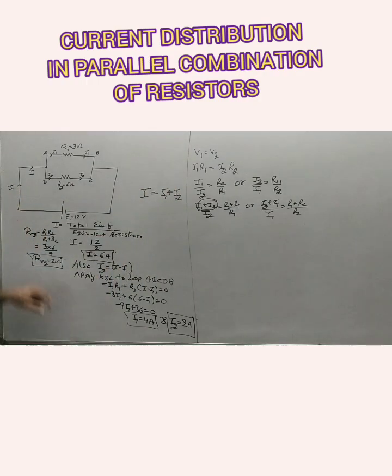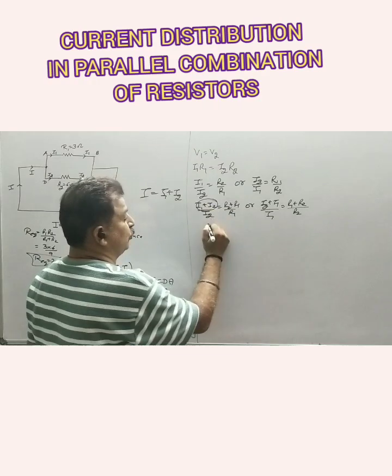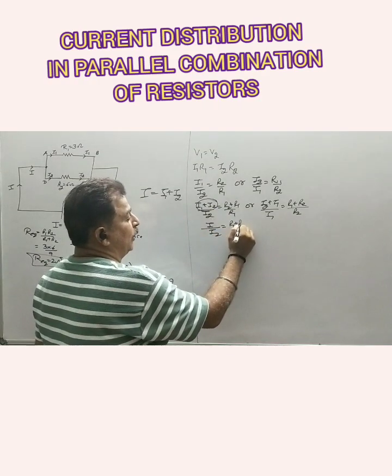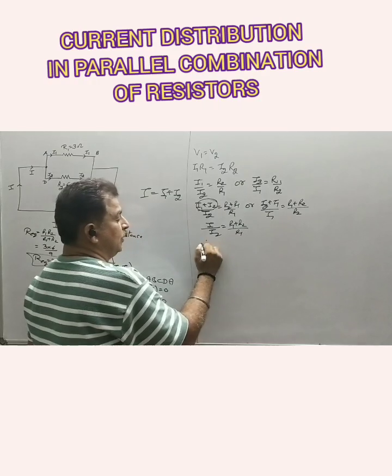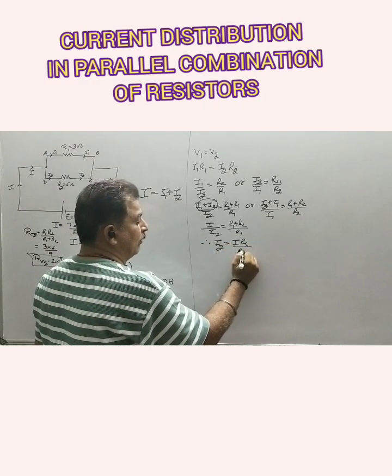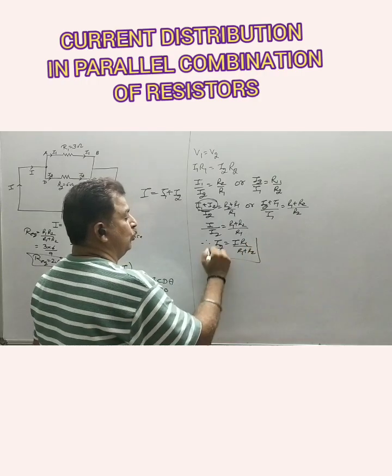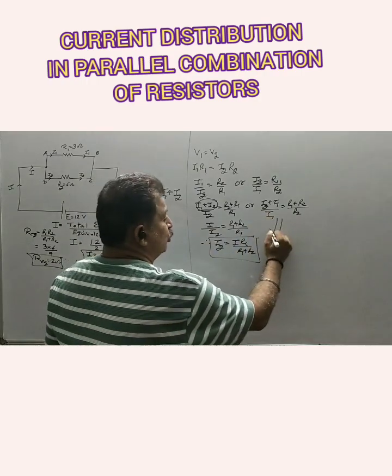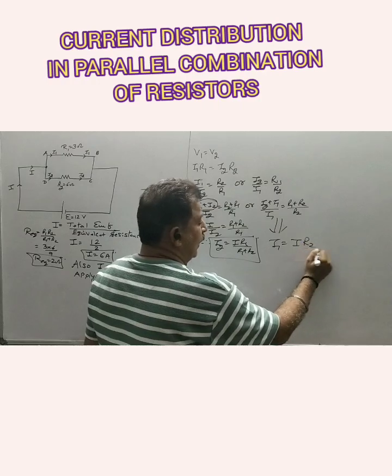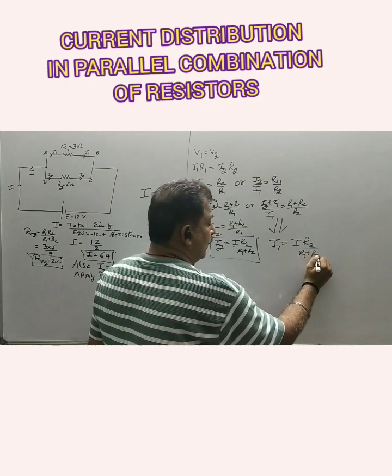So that is the Kirchhoff first law, that is the junction law. So instead of I1 plus I2 we can write I upon I2 is equal to R1 plus R2 divided by R1. Therefore I2 comes out to be I R1 upon R1 plus R2. Similarly, if you solve this, I1 comes out to be total current I R2 upon R1 plus R2.